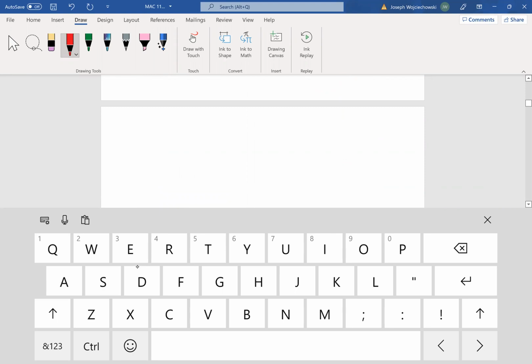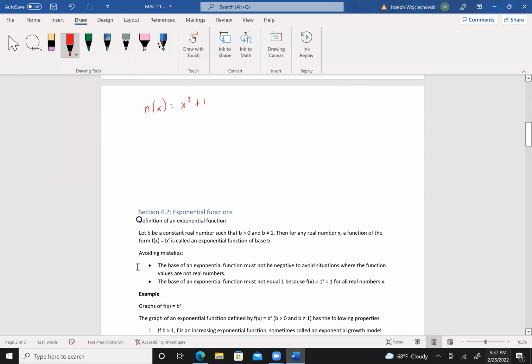Let's look at another one. Let's look at n of x equals x squared plus 1. Now, there's a problem with this. This function is not one-to-one.